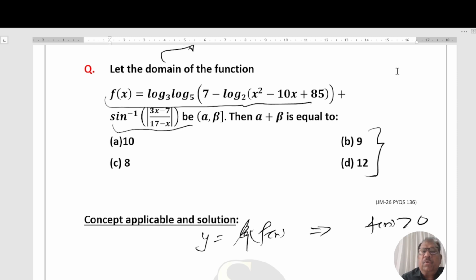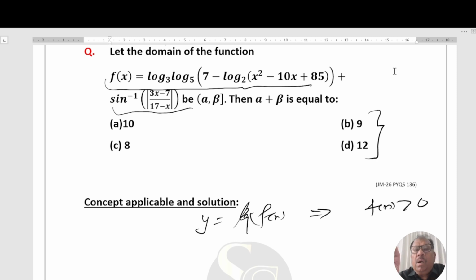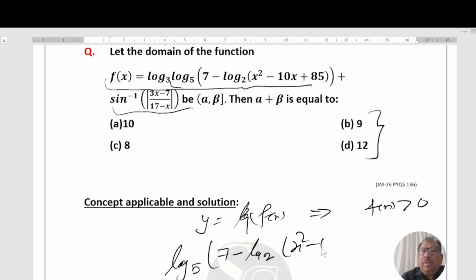Our log starts from here. Log of 5, 7 minus log of 2, x square minus 10x plus 85.